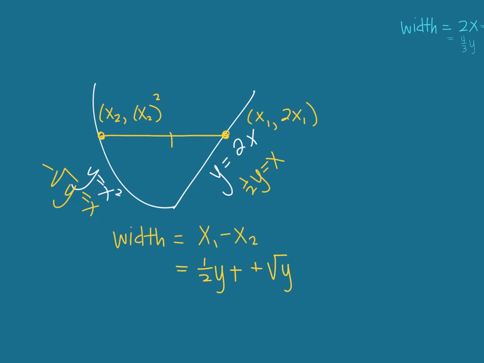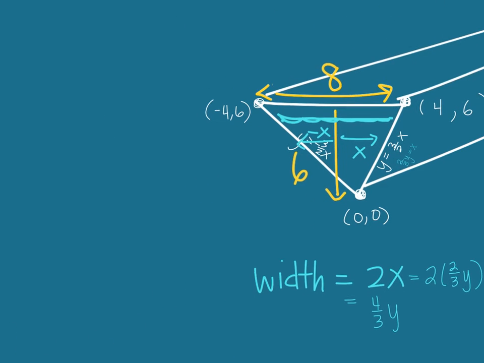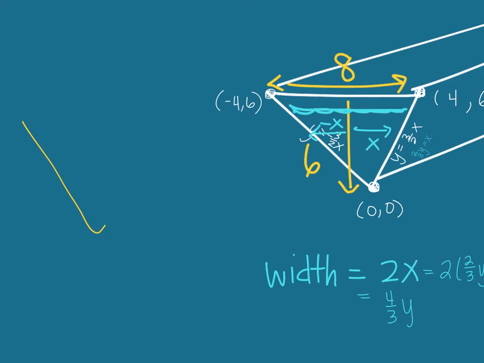That is the cross-sectional width expressed in terms of y instead of in terms of x. So in the example, we also convert the equations to x. In our example, it worked too. Okay, we had this.